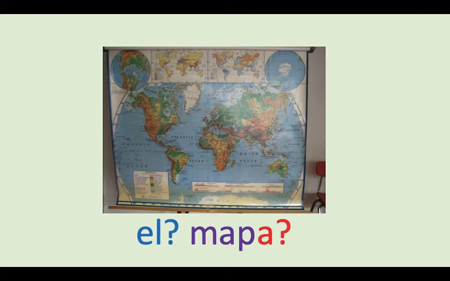Shouldn't that be la mapa? Well, do you remember when I told you most nouns that end in A are feminine? And then I said there are exceptions. And this is one of them. So, el mapa is indeed the way you say the map. It is a masculine noun that ends in A. Repita, el mapa. El mapa.